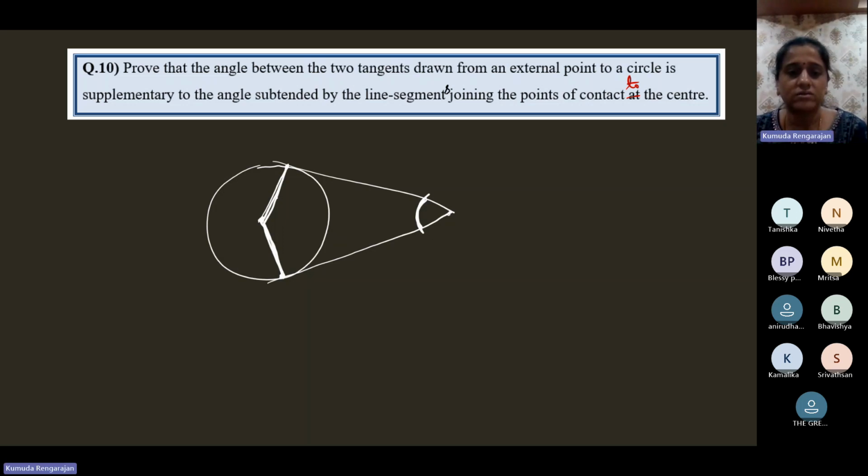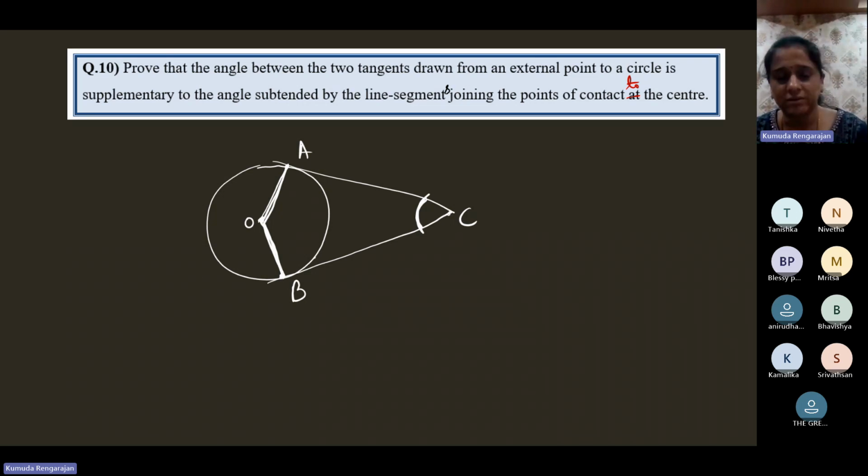What is OA? OA is a line segment joining the point of contact A to the center O. What is OB?